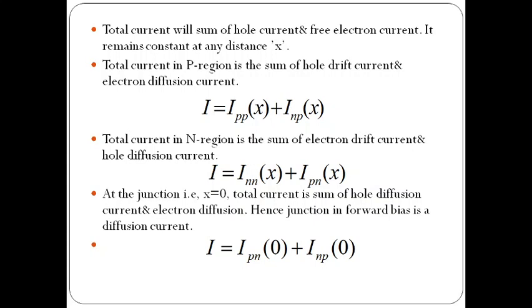Hence, when the junction is in forward bias, we can observe at x equals 0, the junction point, only diffusion current. Clear?